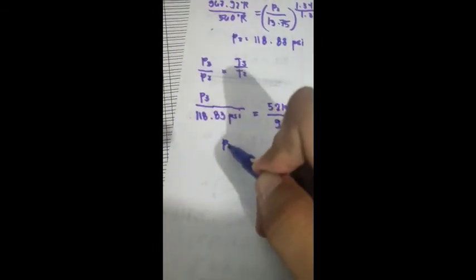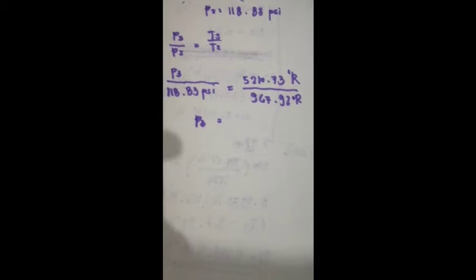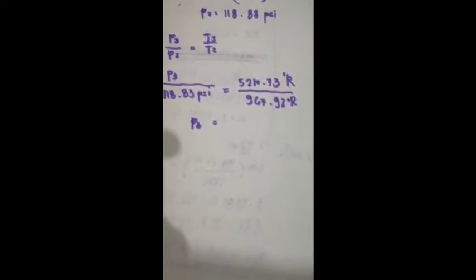P3 over 118.83 psi is equal to temperature 3, which is 5,210.73 degrees Rankine, over temperature 2, which is 967.92 degrees Rankine.